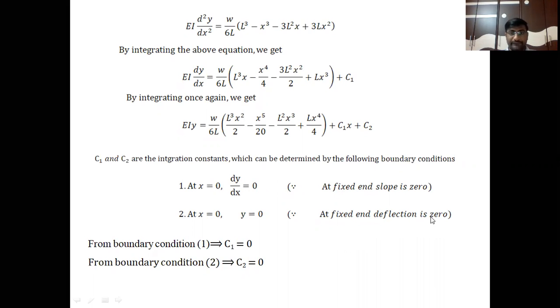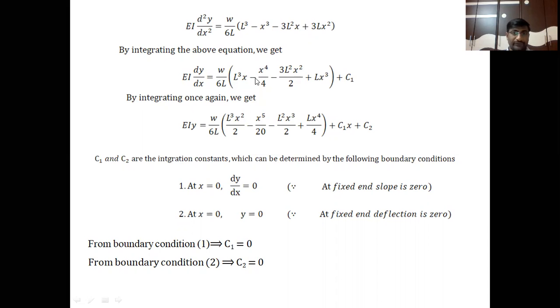At a fixed end, the deflection is 0. At x is equal to 0, y is also 0. These are the two boundary conditions. So from boundary condition 1, that is at x is equal to 0, dy by dx is equal to 0. Upon substitution of the first boundary condition into our slope equation, by substituting x is equal to 0 in the slope equation, dy by dx is equal to 0.